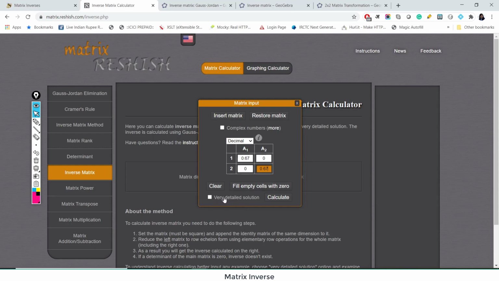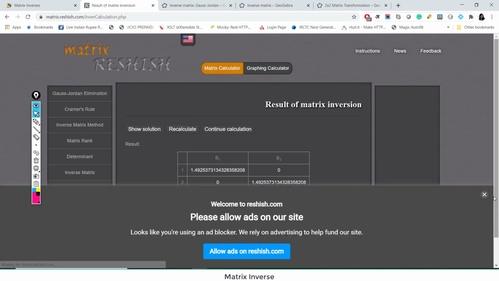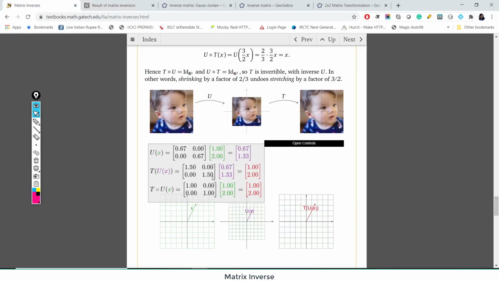Now, I don't need a detailed solution. I just want to calculate the inverse of a matrix. So, you see, I am getting 1.49 something, 1.49 something. So, approximately 1.5 if I just round the result to 2 decimal places. 1.5, 1.5 and 0, 0 here. So, this is nothing but the inverse of the matrix U, right?